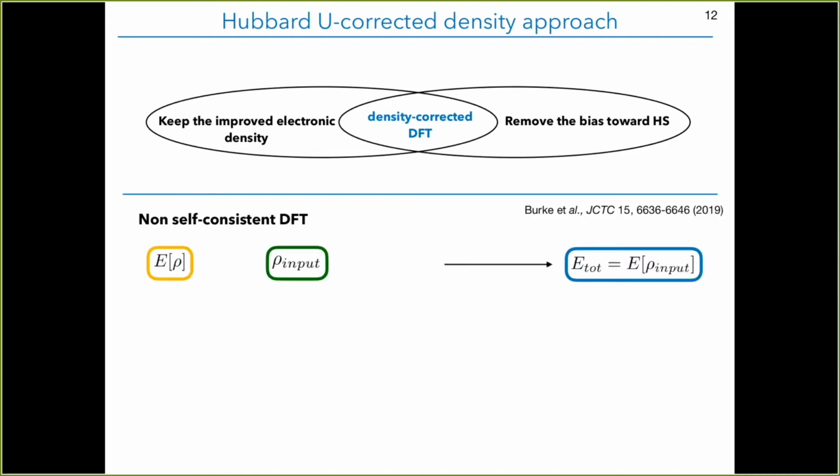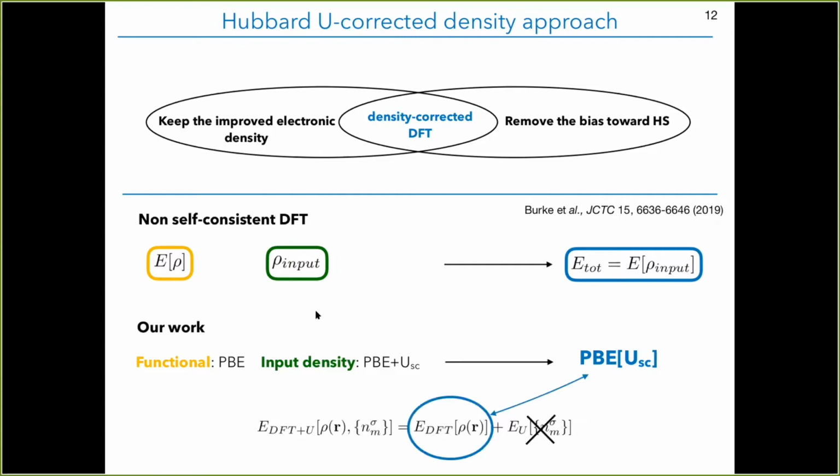More precisely, we want to tackle this problem by means of non-self-consistent DFT, where the total DFT energy is computed on top of an electronic density that does not represent the self-consistent one, and that is possibly better. So our working hypothesis is that of using a PBE functional and feeding it with a PBE plus U electronic density.